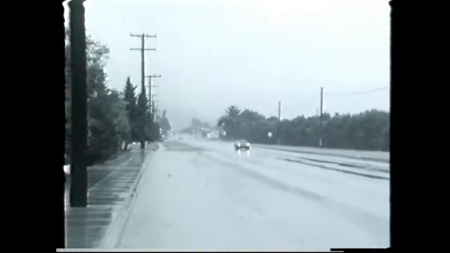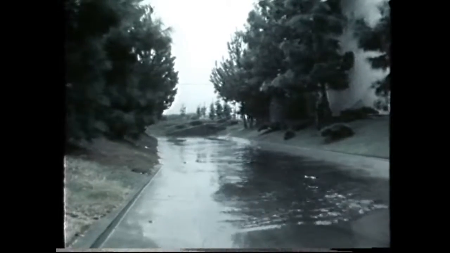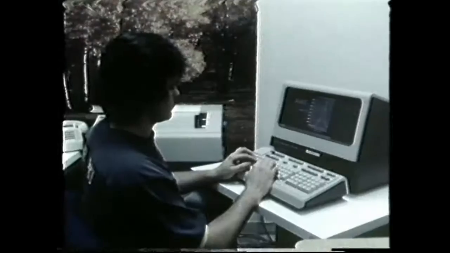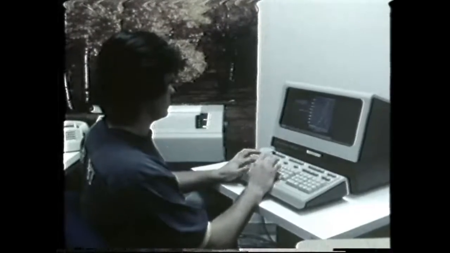When rain begins to fall, this is the first storm of the autumn, the system can be used to monitor both the scale and intensity. Data is summoned from the automatic stations. Rainfall readings are displayed.